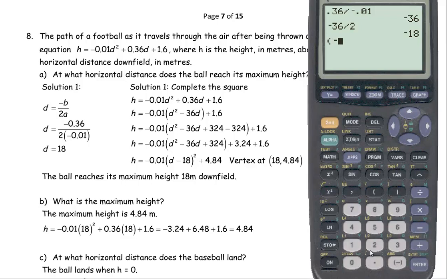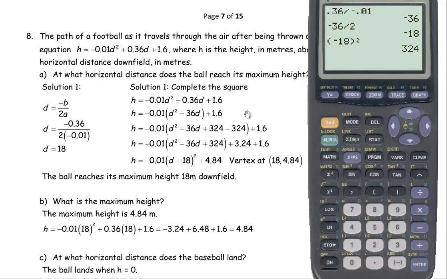So we would evaluate negative 18 squared, which gives you 324. So we add 324. Now we need the 324 to make it a perfect square. We have to subtract 324 to keep the equation at the same value. So you only actually need the 324 for the perfect square part, but you need negative 324 so the equation has the same total value.